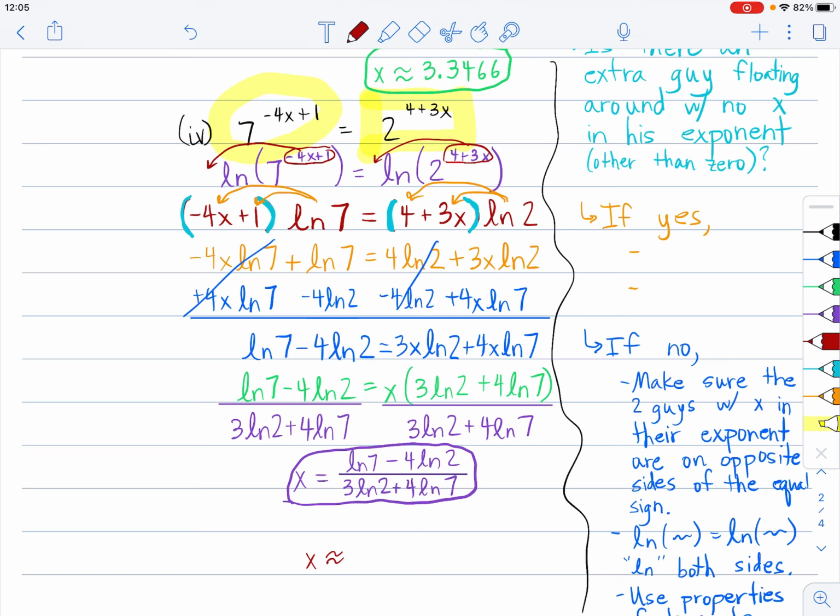Now, with my calculator I have to put a parenthesis around everything on top and everything on bottom for it to calculate it correctly. You need to know how to work your own calculator.